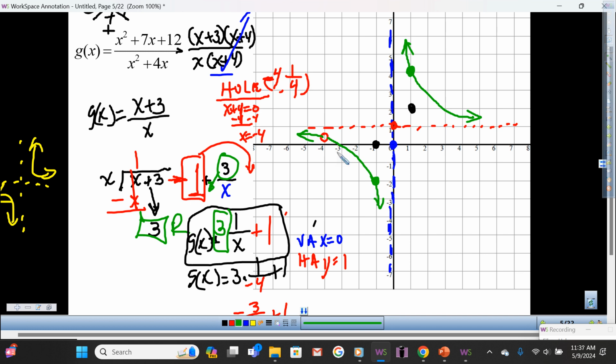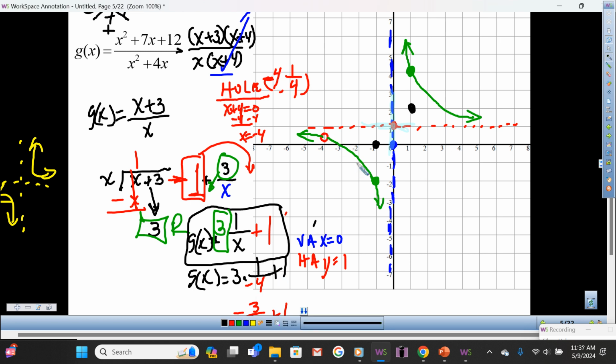You know what? Let me ask Rylan a question. Rylan, look at where both asymptotes intersect, which is right here, right? Okay. Question.